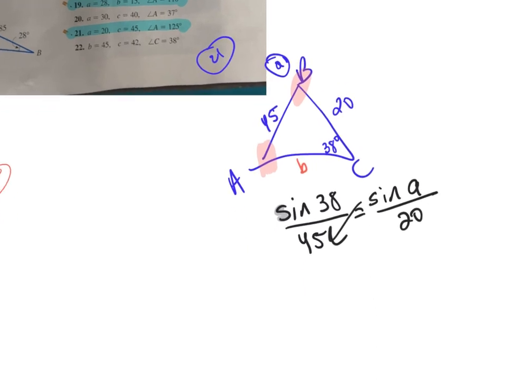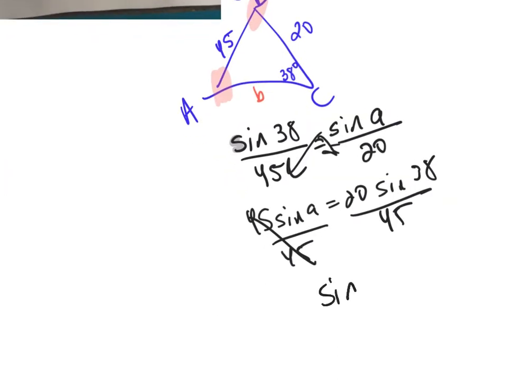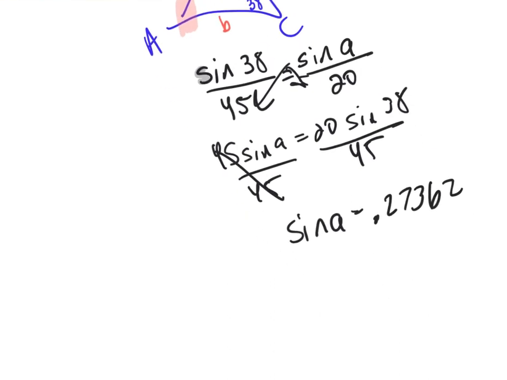So we'll cross multiply. 45 times the sine of A equals 20 times the sine of 38. Divide both sides by 45, and sine of angle A is about 0.27362.